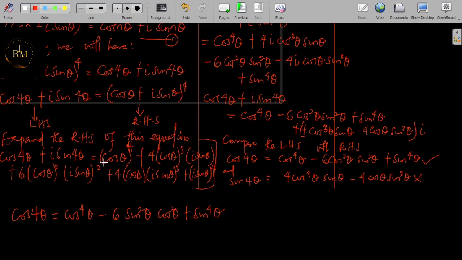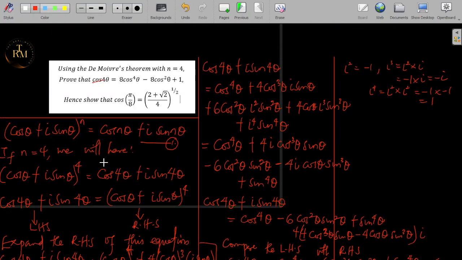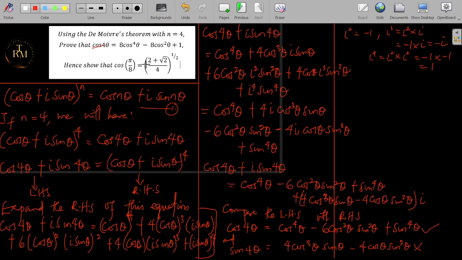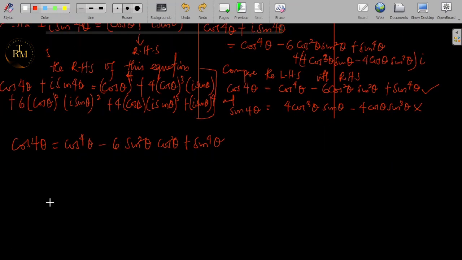Right. So now, because I'm trying to prove what I have at the top, if I go back up, I'm trying to prove this particular expression, and you observe that it all has a cos in it. So because I'm trying to prove that, I'm going to make sure that I don't have a sine in any of my equation for cos 4θ. So because I don't want any sine, I'm going to employ some trigonometrical identities.